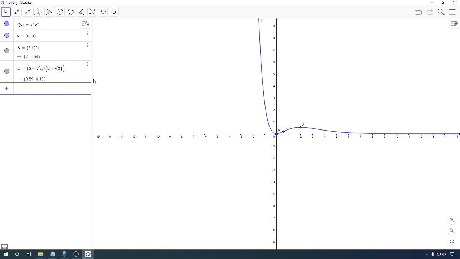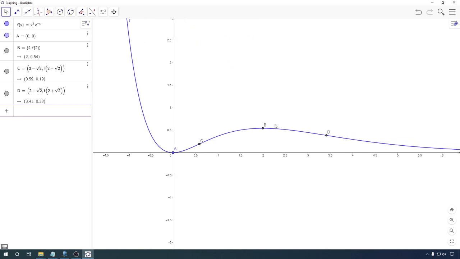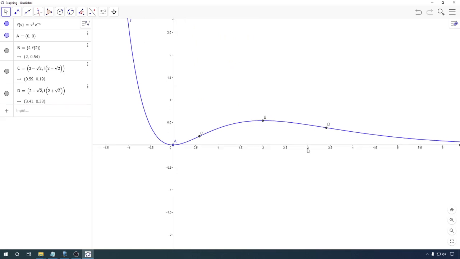I keep hitting the closed parentheses instead of the open one, and that's throwing things off. There we go. So notice that we do get the points that we got. They're rounded to only 2 decimal places for 2 minus square root 2 and 2 plus square root 2. But we get exactly what we expected.